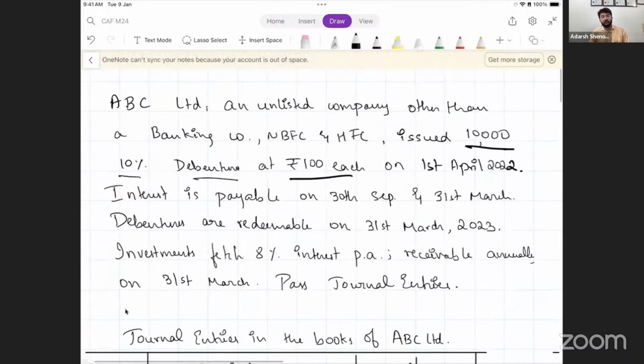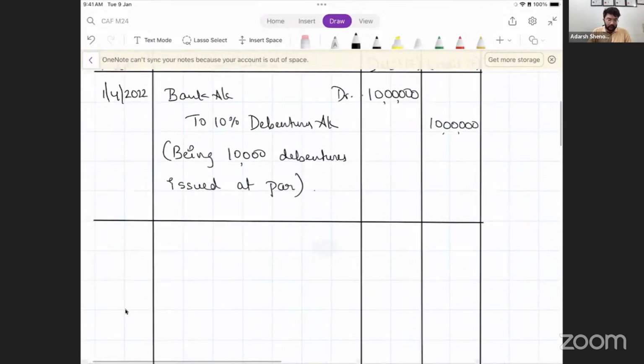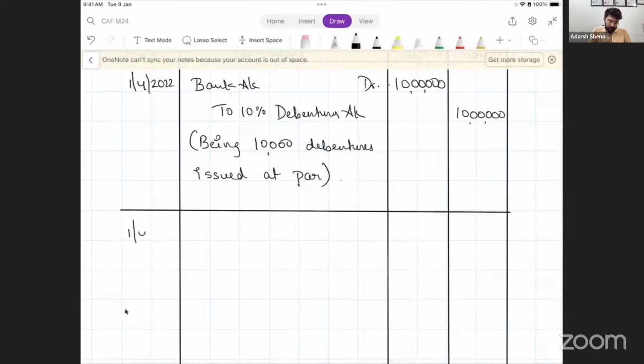Next, immediately, this won't be given in the question. You should know that it's an unlisted company, which is not a specified company. Specified companies are all those NBFCs, banking companies, and all. So these companies will not have to do reserves, but this company will have to create a reserve of 10%. So the entry to create reserve is P&L account debit to debenture redemption reserve.